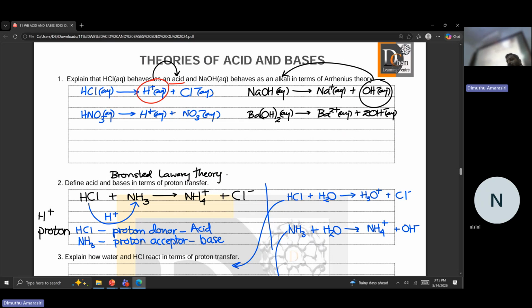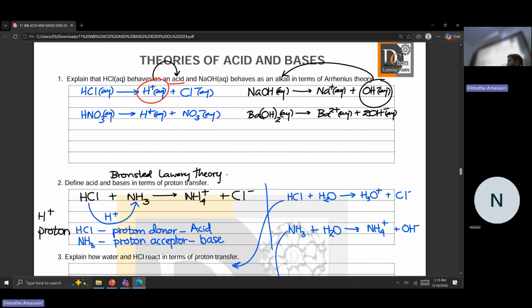The Bronsted-Lowry theory is the one which is kind of new. It says the transfer of proton. In Bronsted-Lowry, sometimes unexpectedly, some substances we can define as acids and some substances we can define as bases. For example, water. Water with HCl, you can see it has accepted the proton. Therefore, it is a base.